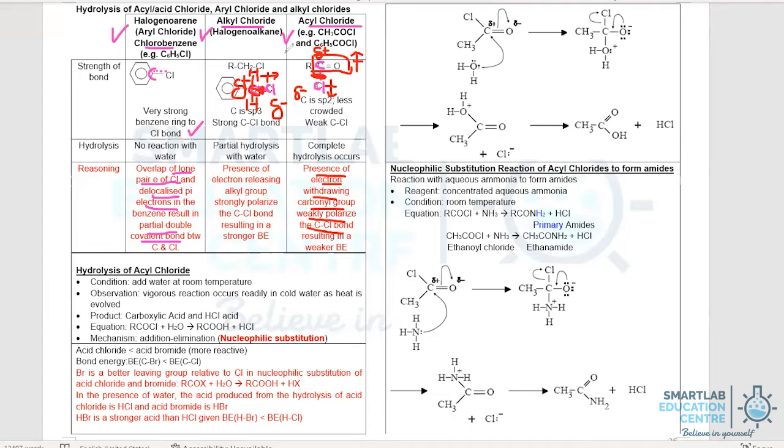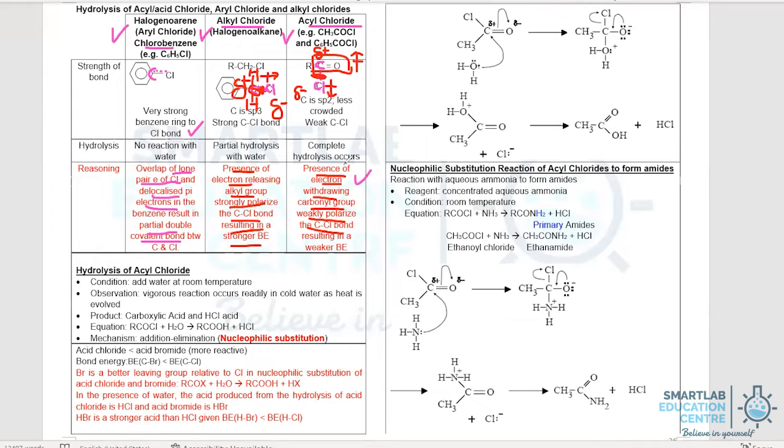Hence, we will say the presence of electron-releasing alkyl group strongly polarizes the C to Cl bond, resulting in a strong bond energy. Relative to that, in acid chloride, the presence of electron-withdrawing carbonyl group weakly polarizes the C to Cl bond, resulting in a weaker bond energy.